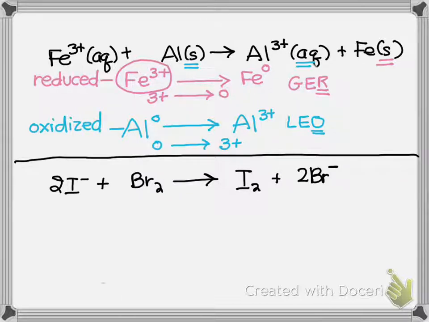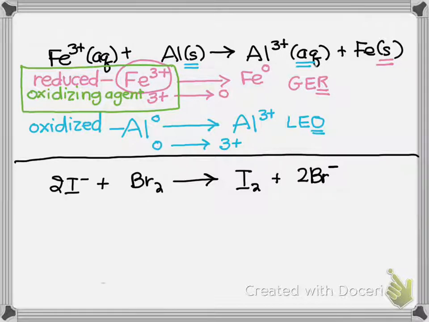Now remember, I had a second definition, the oxidizing agent and the reducing agent. If you're reduced, by the definition, your job would be to be the oxidizer. So you're an oxidizing agent. So iron 3+, the reactant, is the substance that's reduced and is the oxidizing agent.